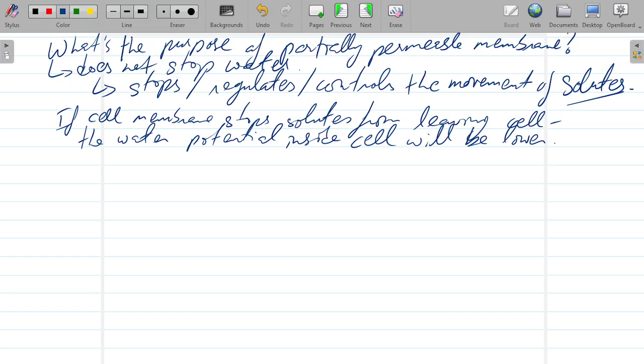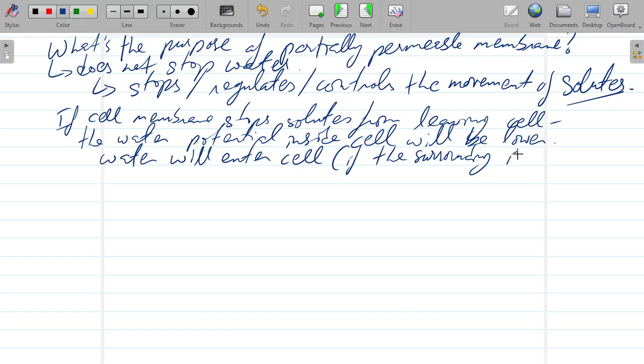It's not allowing anything to leave. And so water will enter the cell, if the surrounding is hypotonic. Again, hypotonic does not need to be pure water. It just needs to have a higher water potential than what's inside it. Okay? So again, it's not going to stop water, but it does affect osmosis because it regulates the movement of solutes.